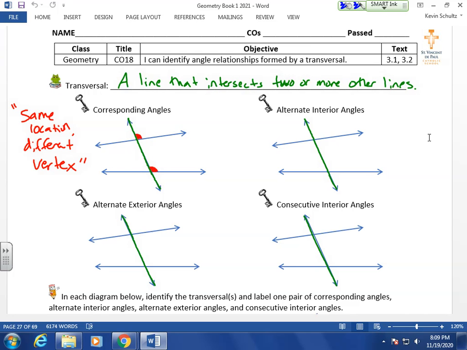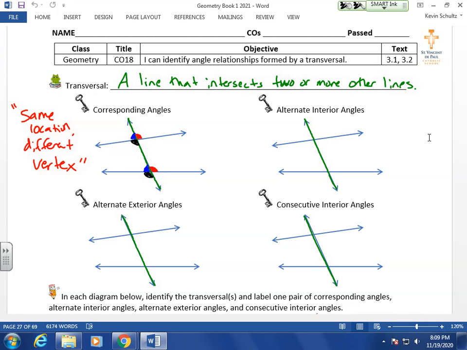Another pair of corresponding angles would be the top left here with the top left at the other intersection. Those would also be corresponding angles. A third pair, the bottom left and the bottom left, those would be corresponding angles.